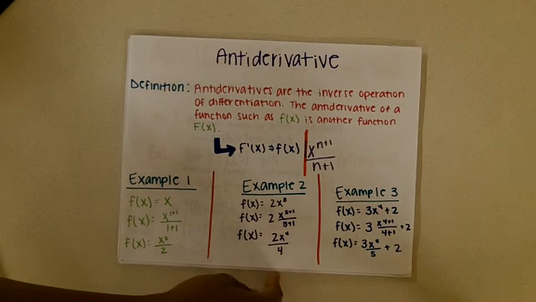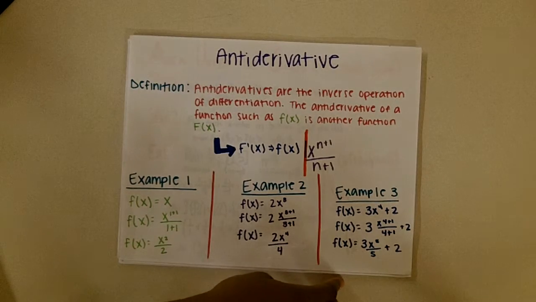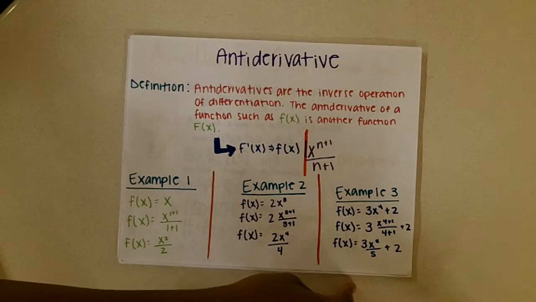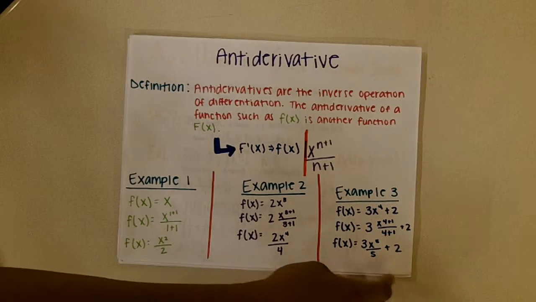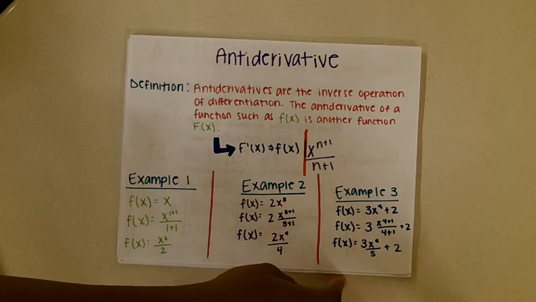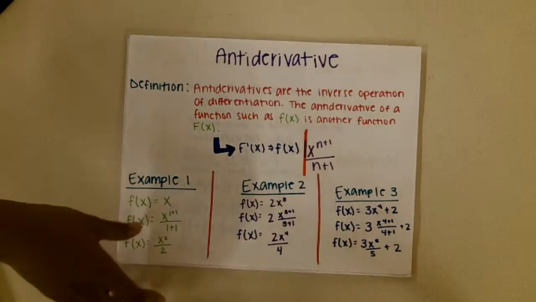So you have f of x equals 3x to the fourth plus 2, and then you have x to the 4 plus 1 over 4 plus 1 plus 2. Therefore, the answer will be 3x to the fifth over 5 plus 2.